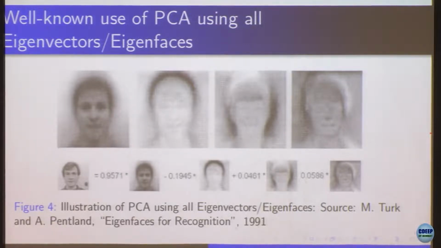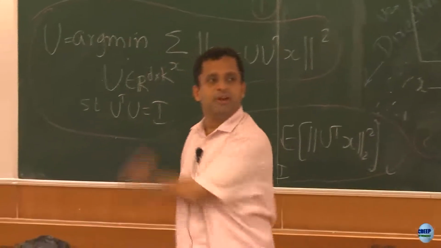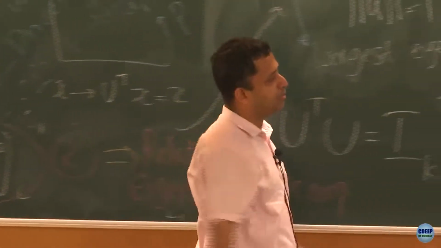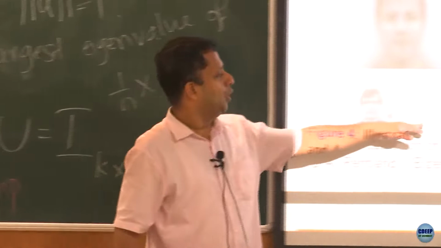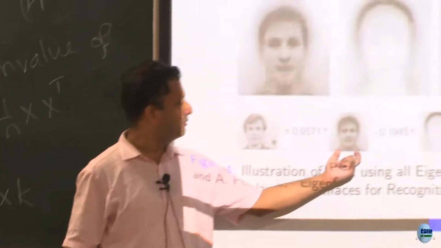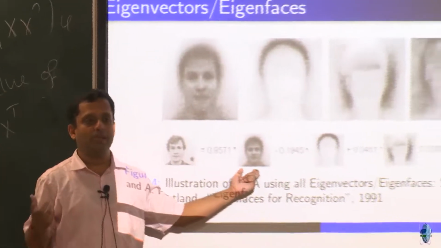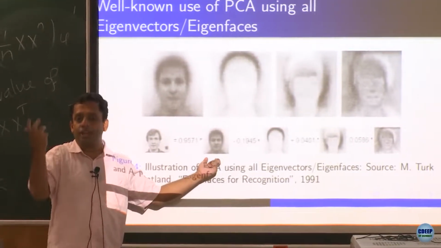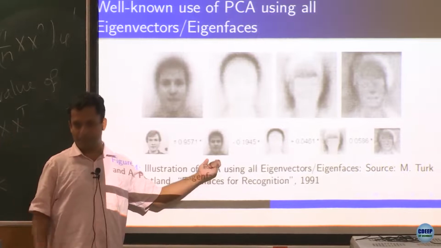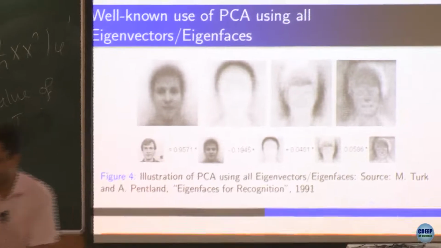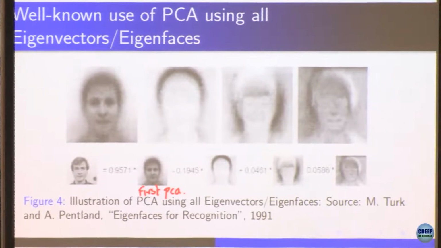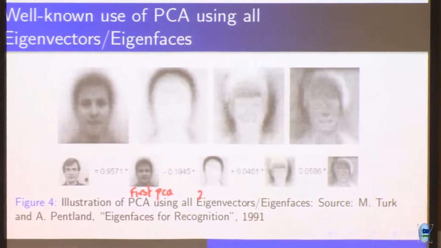And now if you deal with the entire image as a vector, unroll the entire image into a vector, and do this entire PCA decomposition, you will find that this face actually corresponds roughly to the principal eigenvector or eigenface, the first principal component. First PCA component, then the second PCA.